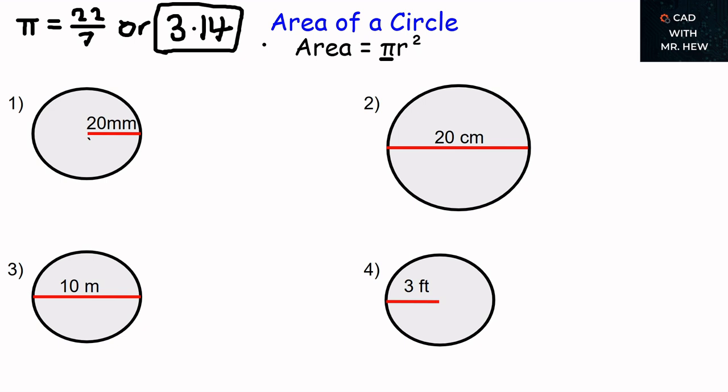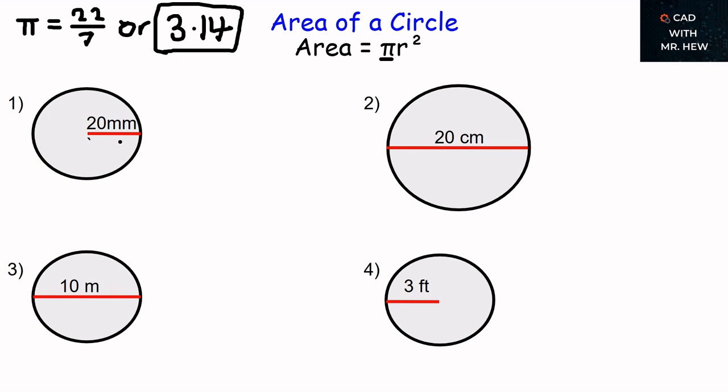All right, now on the screen, we have 4 circles, and we are going to calculate the area for each of these circles. Now, in the previous video where I calculated the area for the 4 triangles, I tried to maintain the types of units.